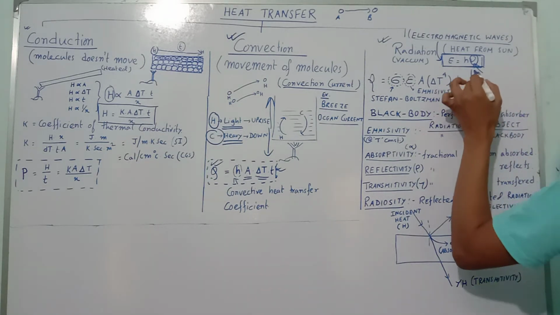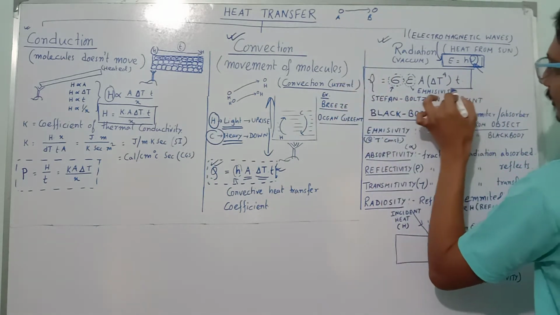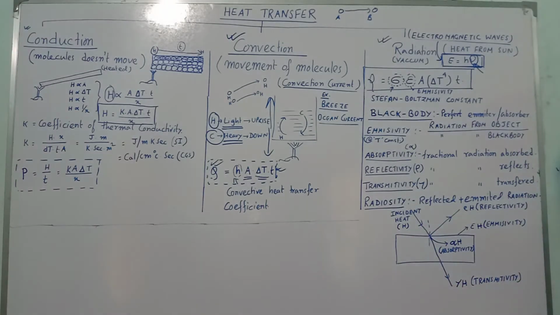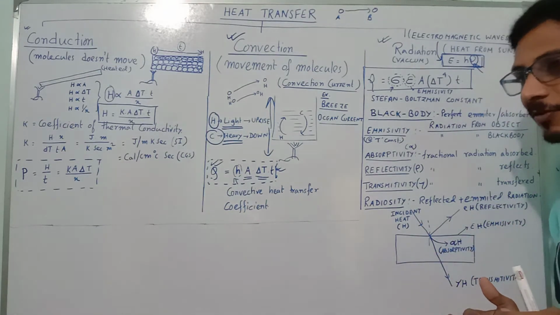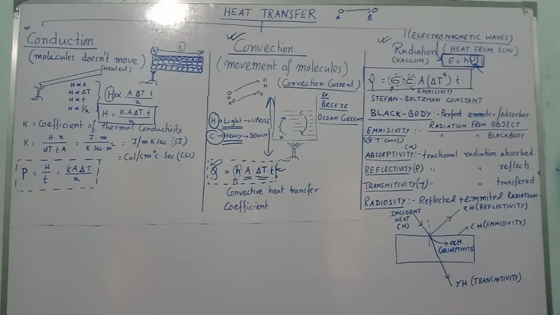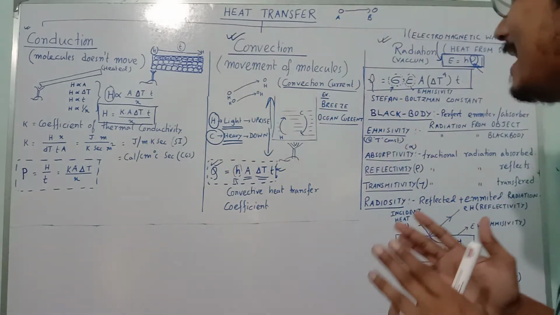Now in case of radiation heat transfer, heat is transferred from one place to another in vacuum. Radiation type of heat transfer does not need any molecules or any medium.